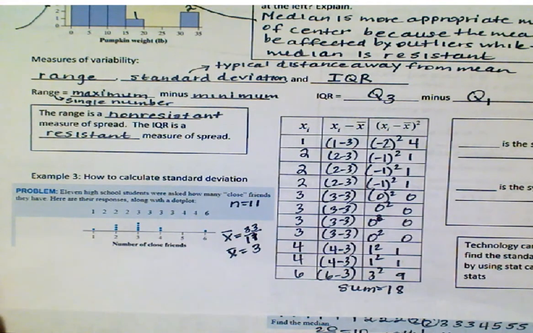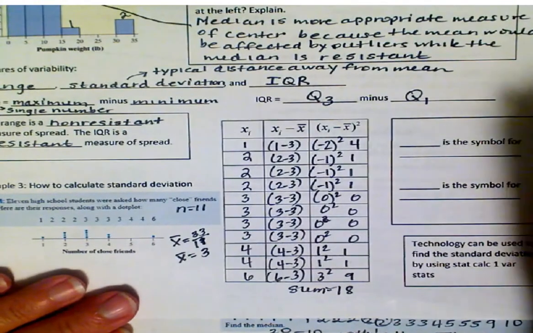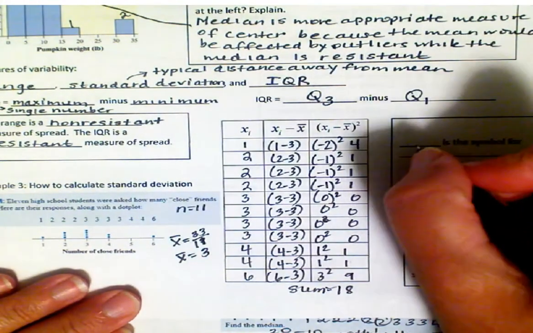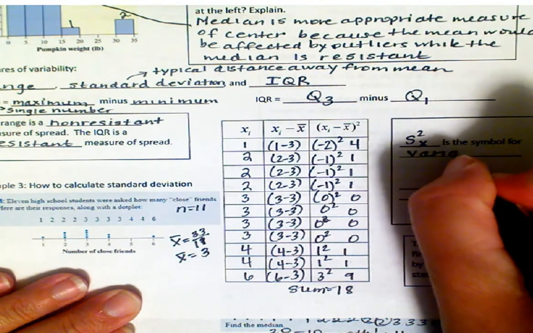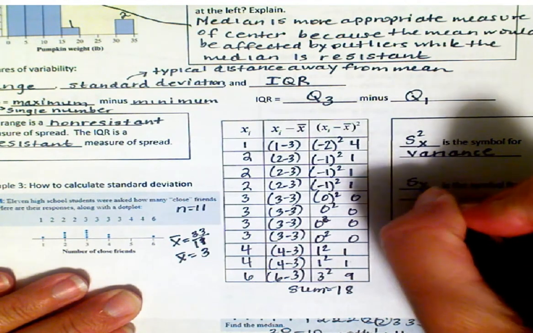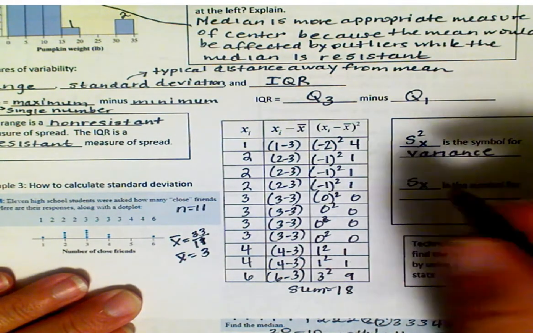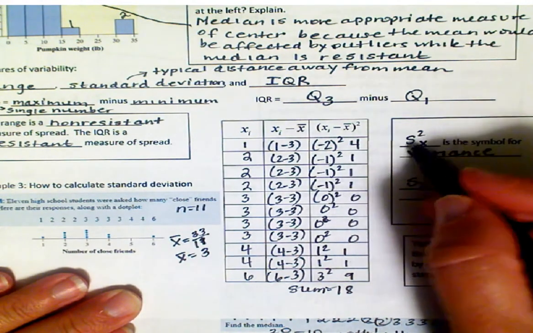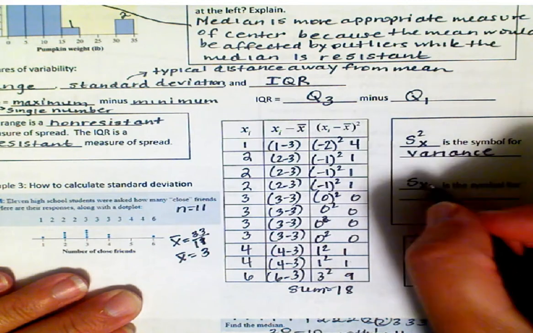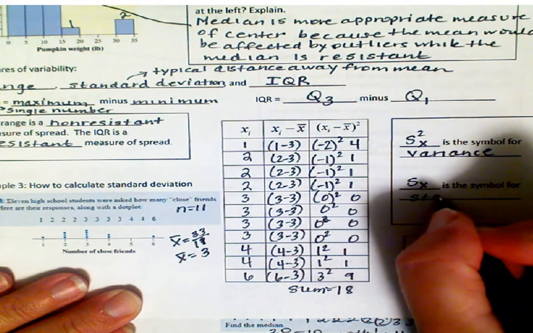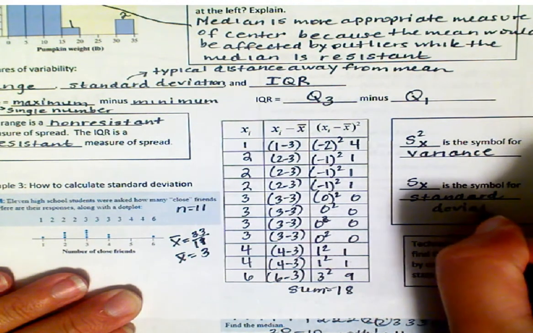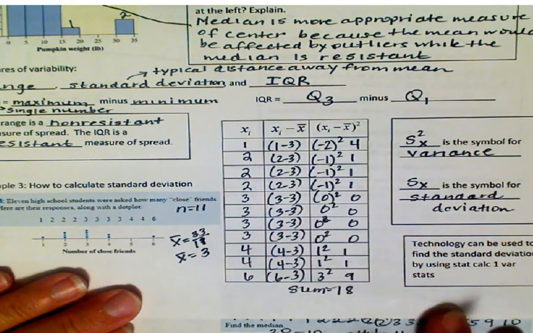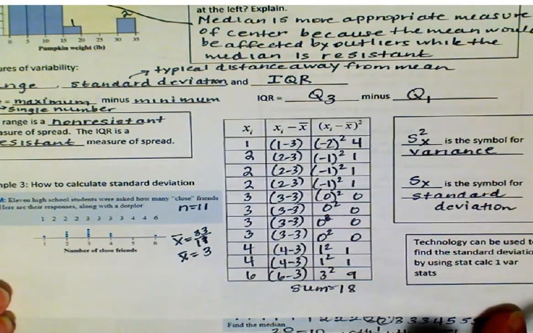Okay, so if you look at the formula for standard deviation, let me first write down these two symbols. S squared stands for the variance, and the standard deviation is the square root of the variance. So if S squared is variance, then S sub x is the standard deviation. What we're basically doing is finding the variance and then taking the square root.